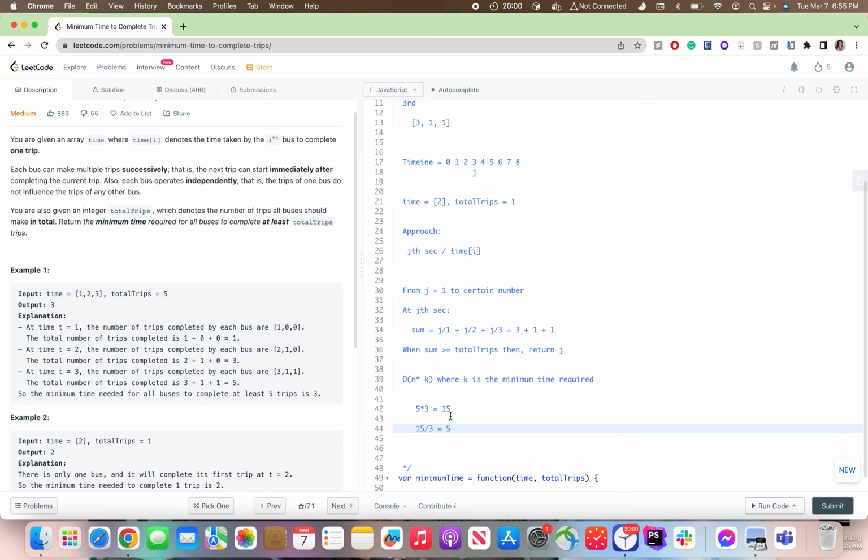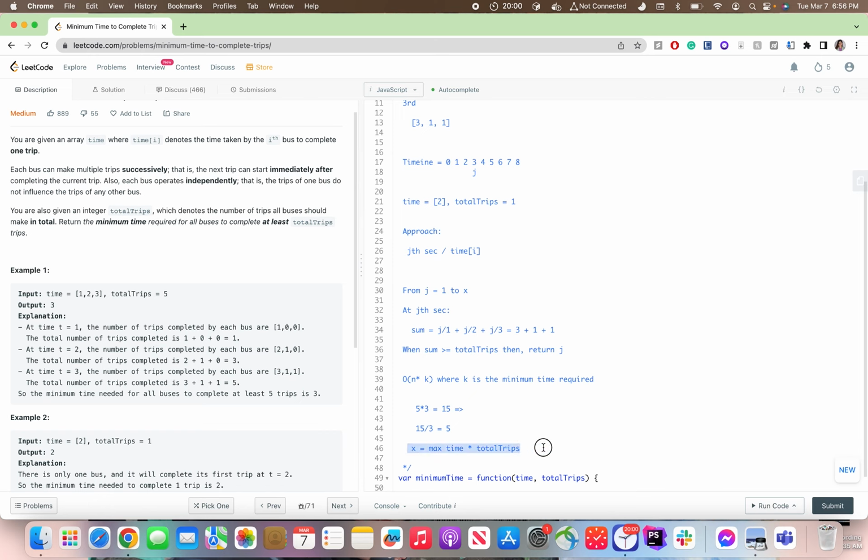So it means that it can go up to j is equal to x, where x would be equal to the maximum time multiplied by 3 multiplied by total trips. So this is how far it can go, right?